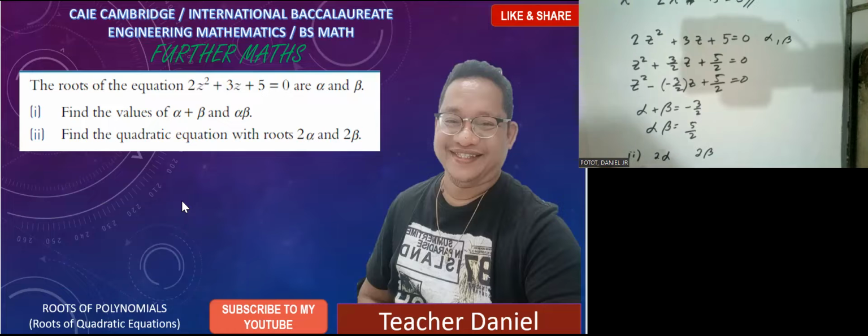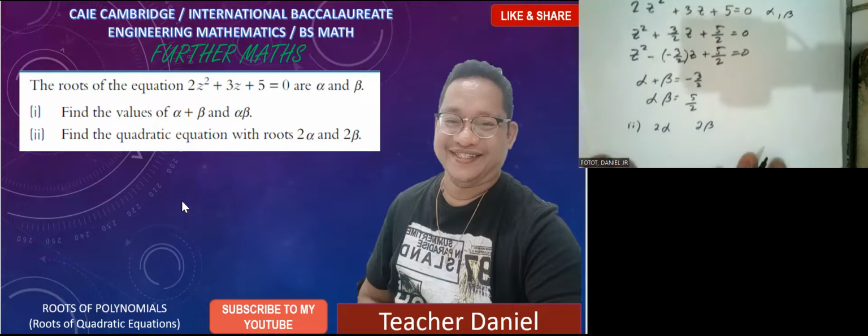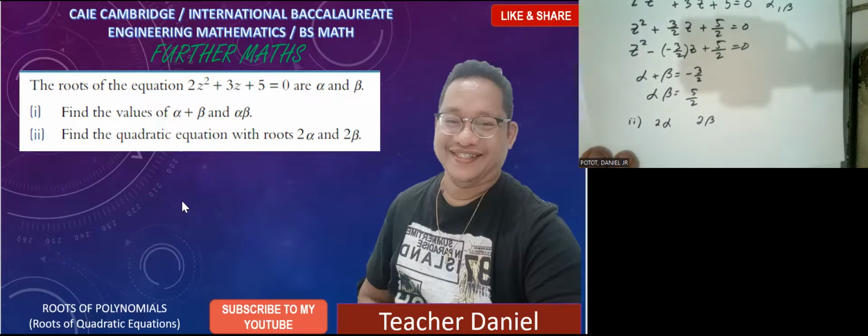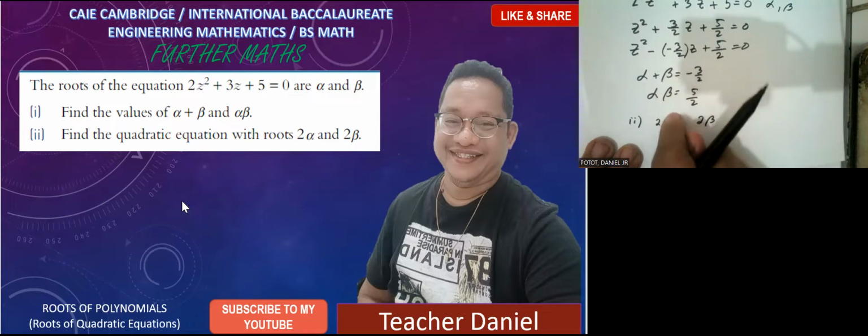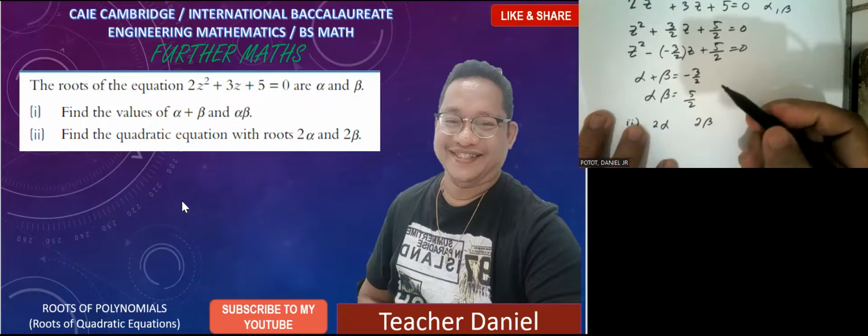As further maths students, you will be able to deduce two quadratic equations which are related to each other. I think I'm talking too much, but anyway, what we're going to do is solve for alpha and beta. I think that's the easiest way to do this.